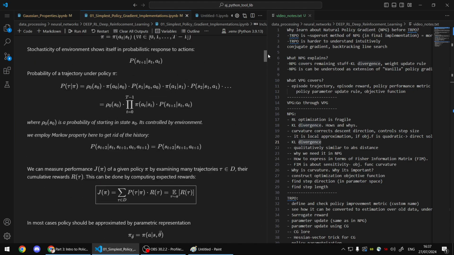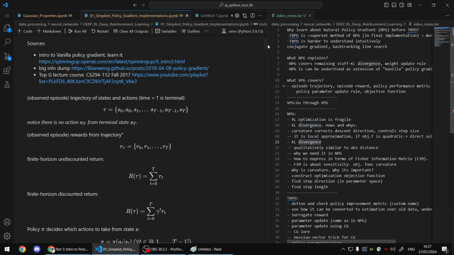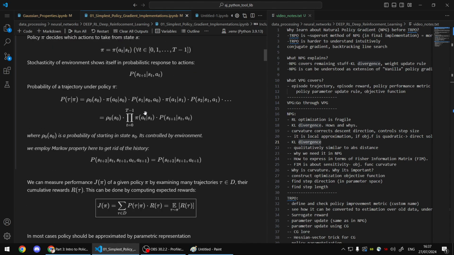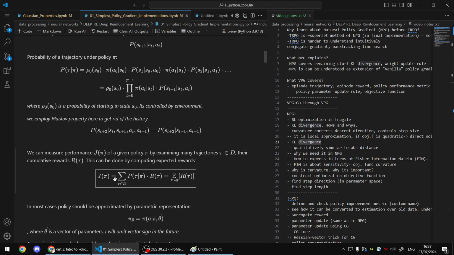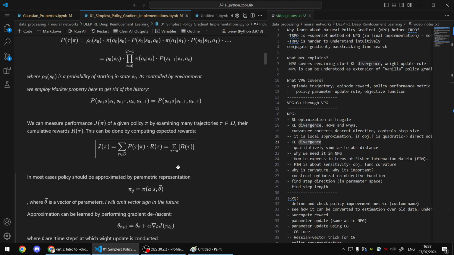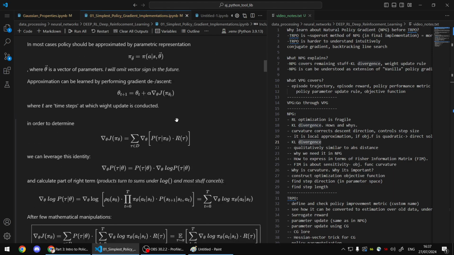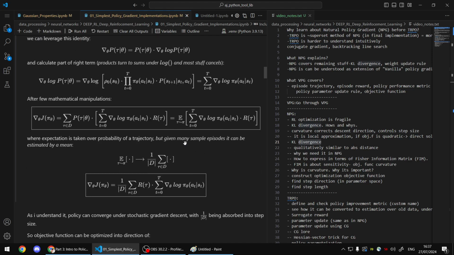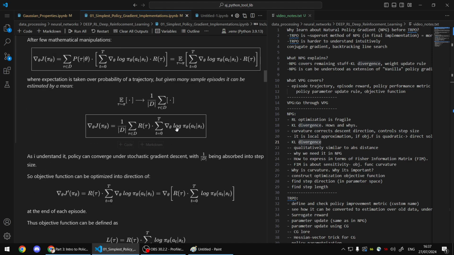So this is the idea of the standard policy gradient called vanilla policy gradient, where we define this policy performance metric, and then learn how to calculate the gradient. And you will see this expression later.